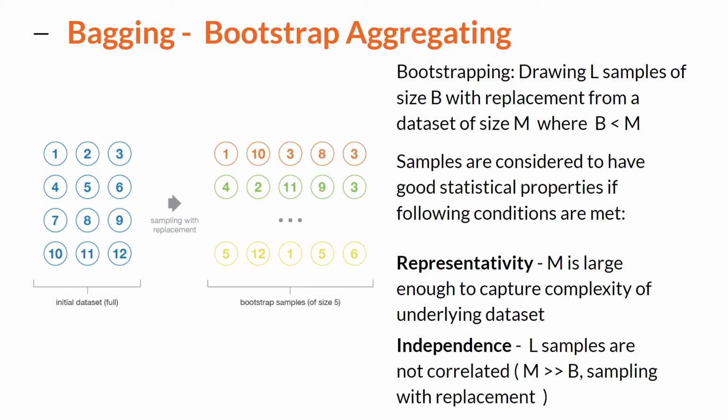The second condition is independence. So these L samples are not correlated. That's determined by two conditions. First is that M is much larger than B, so you don't want your samples to be approaching the size of the initial data set. And the second condition is this sampling with replacement.